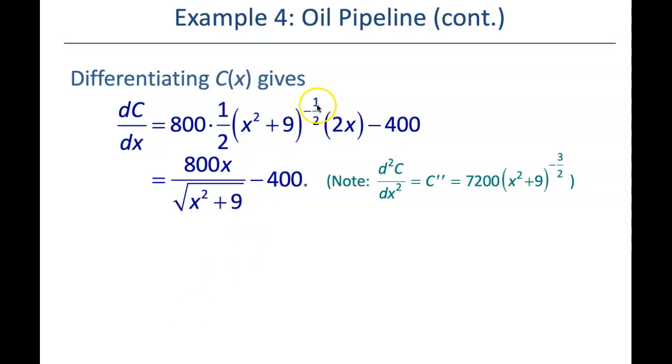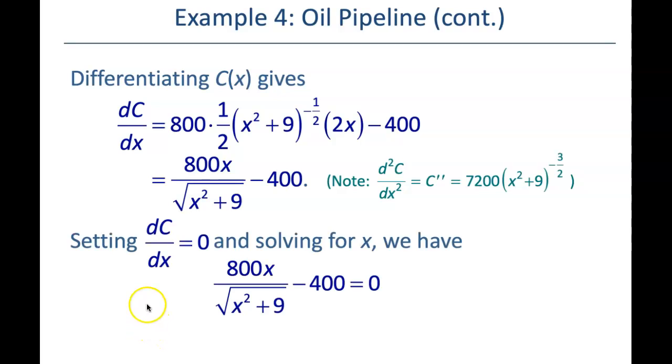And then rewriting this rational exponent back as a radical, then we can see that this is our first derivative of our cost function. Now they're making a note here that the second derivative of the cost function is this number, which I believe is always positive. In other words, it's concave up, which means that a critical point set equal to 0 will be a minimum by the second derivative test that we already learned.